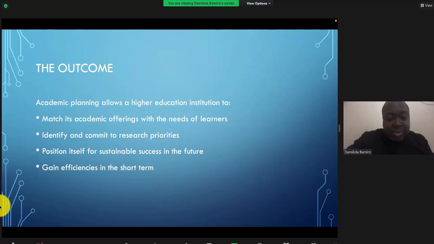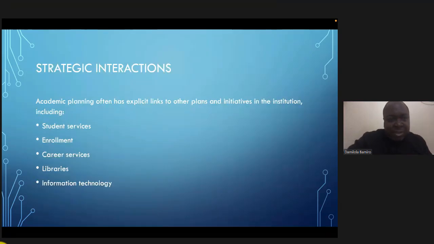Our universities today must be sustainable, and one of the key elements of any institution is the input from academic planning. And then, of course, there are many things to gain in terms of efficiency in the short term, because management of the institution will actively be taking input from the academic planning division.